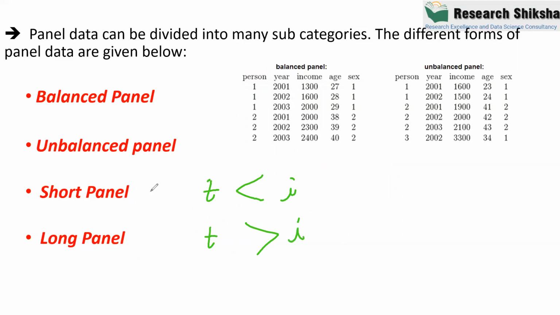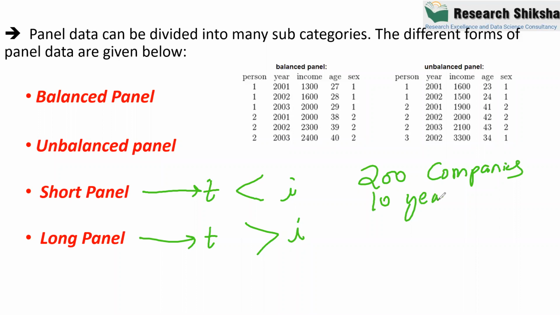So now I write the same condition, and again I am giving you another condition. In one paper we collected the data of 200 companies, and for the 10-year period, and we want to see the effect of, suppose, debt equity on, let's say, market capitalization, right?